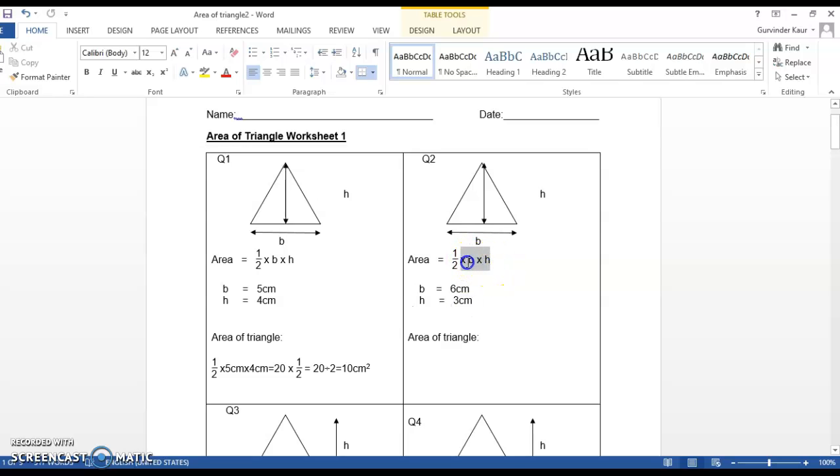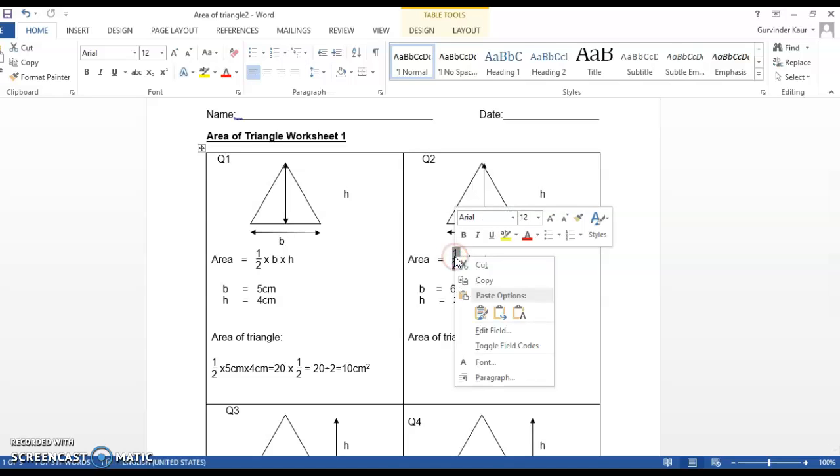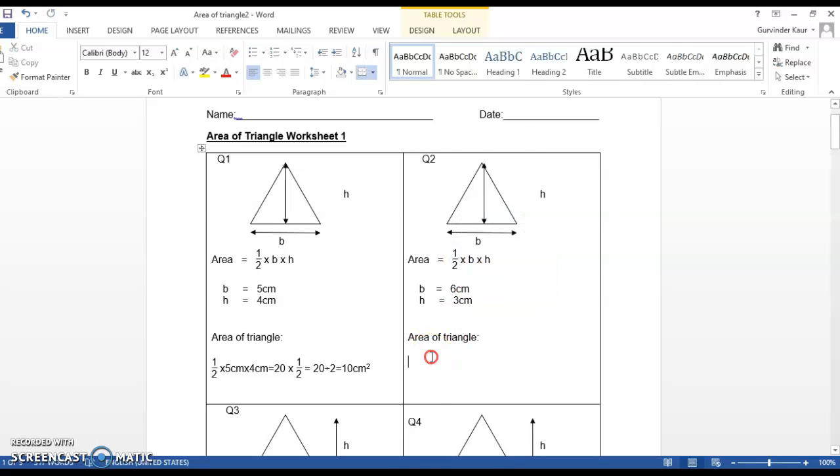So let's put in the formula. Half base times height. Half times, what is the base? 6 cm. What is the height? 3 cm. Very good. So we have half base times height.